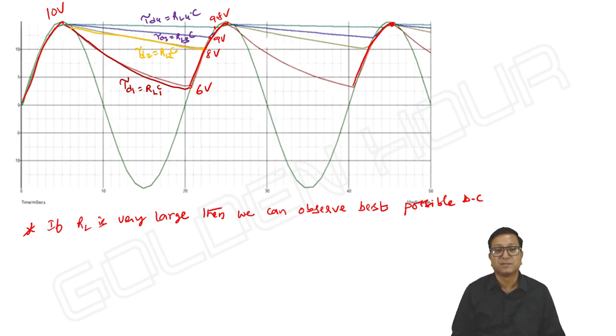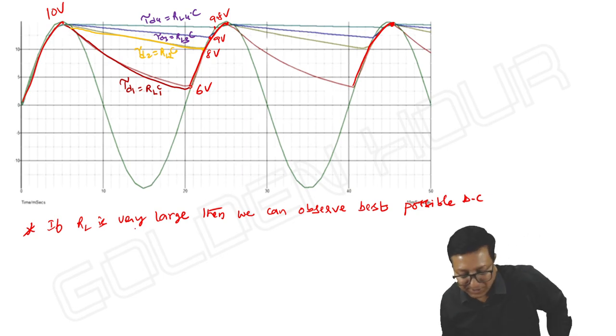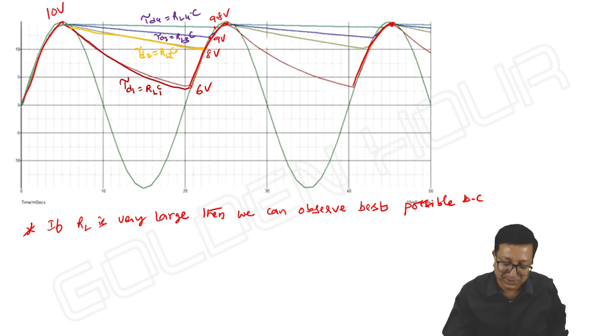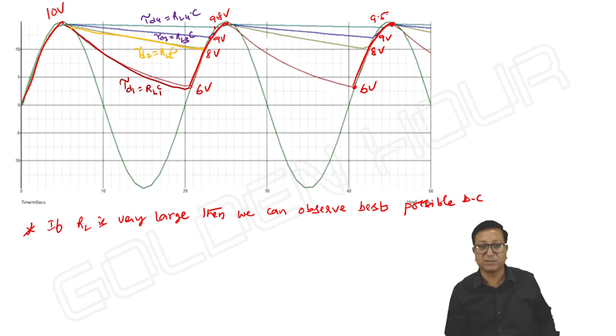And one more thing, what about the charging time? Sorry, here, the charging interval, a small mistake I made. In the first case it is from 6 to 6, next case 8 to 8, next case 9 to 9, and the last one 9.5 to 9.